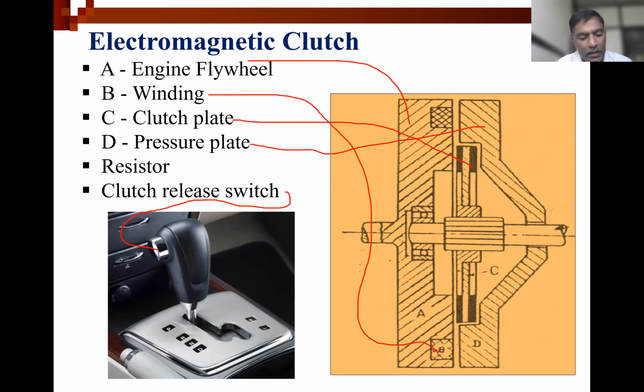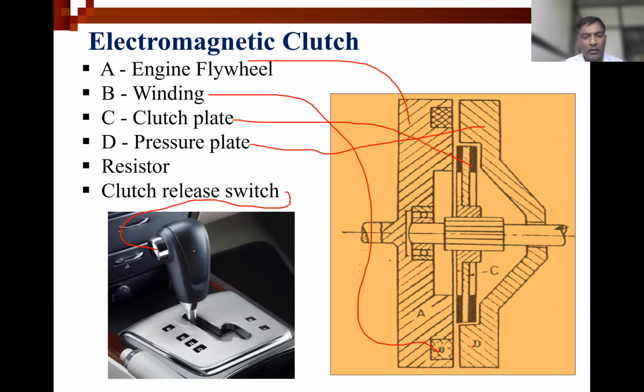To attract, we need to energize the coil. And when the clutch is in engaged position, current is flowing through this coil all the time, and this D is attracted towards this A and the clutch plate is gripped. So how to disengage? Just by pressing this switch, and then we can engage another.